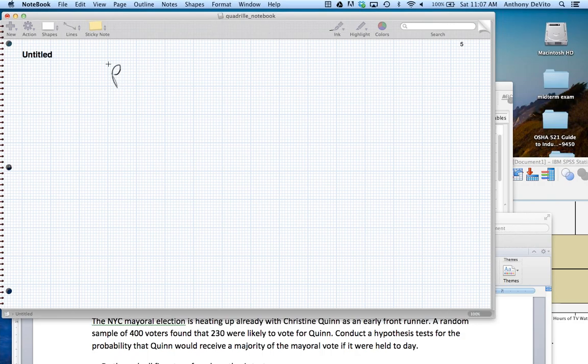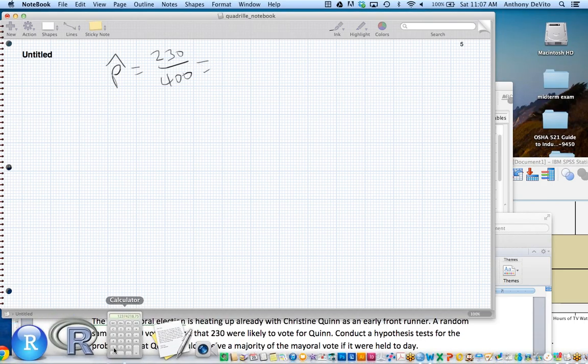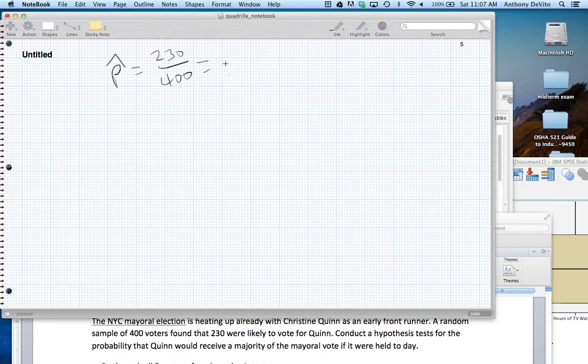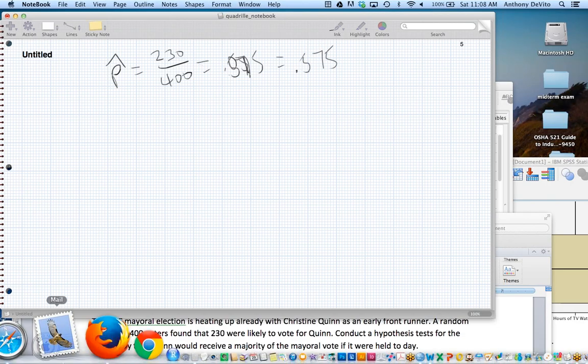Okay, P cap, our sample proportion, is equal to 230 out of 400. Might as well figure that out right now. 230 divided by 400 is equal to 57.5%, or 0.575.